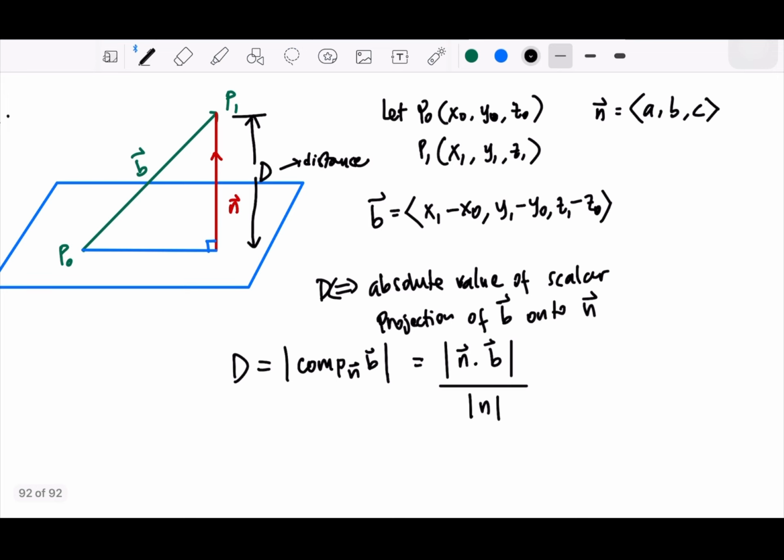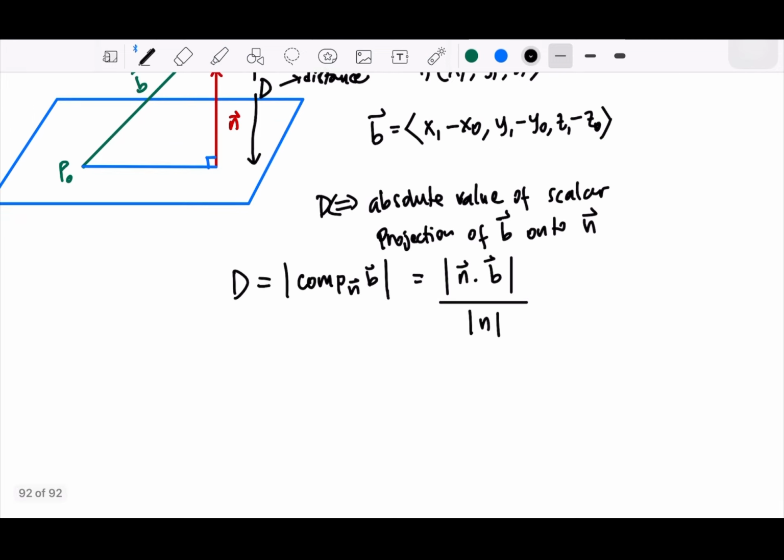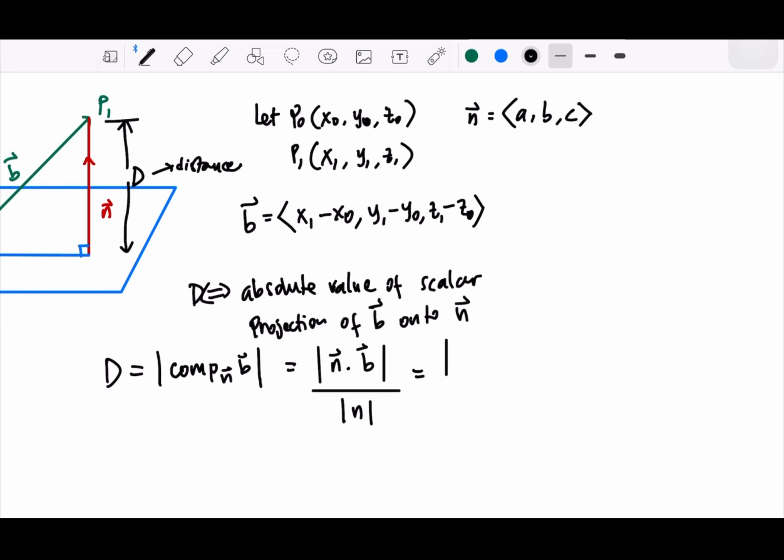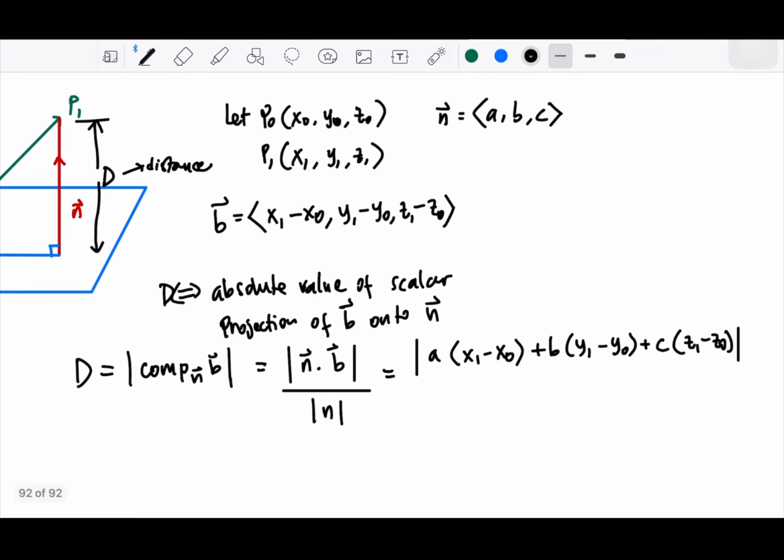So let's dot product N with B. Okay, so this will be A x1 plus B y1 plus C z1, and the magnitude of N is the square root of a squared plus b squared plus c squared.